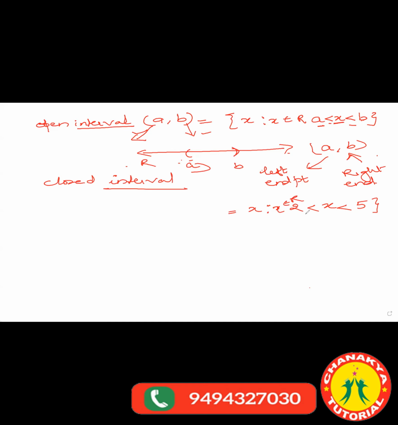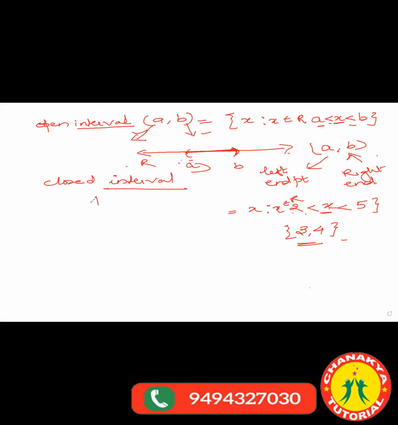Clear? So it means the value of X is greater than 2 and less than 5. That means 3 and 4. Clear, beta? Yes, ma'am. Pritam, Dhatri, Dhanunjay, Jaswant, clear? Yes, ma'am.